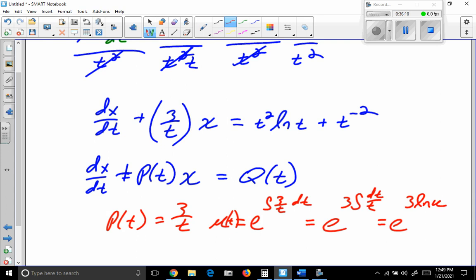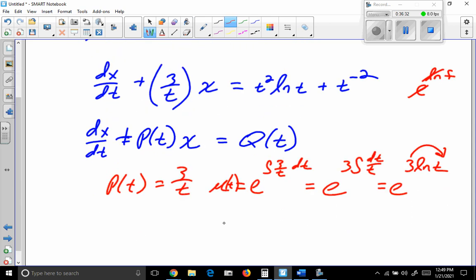If we have e to a natural log, those cancel. But we can't have a coefficient out front when that happens. So that 3 needs to go up front. And I don't know why I'm putting u there. Our variable is t. So this is t here.